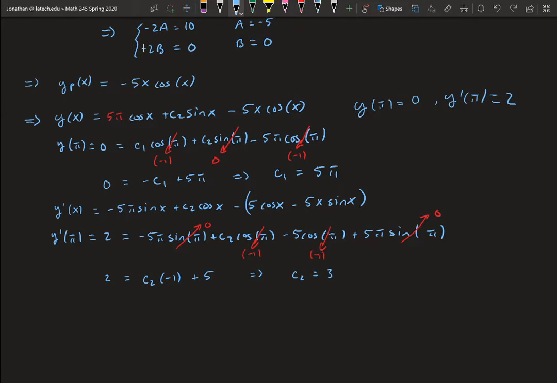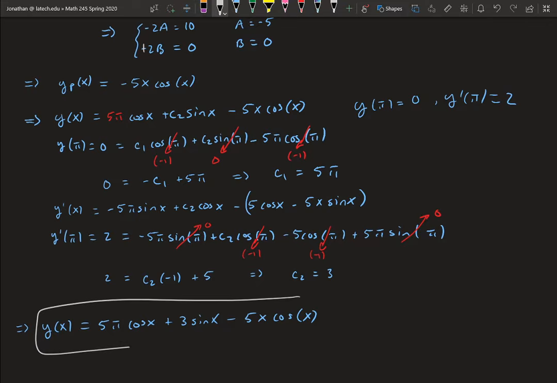So our solution y of x is equal to 5 pi cosine x plus 3 sine x minus 5x cosine x. And that is our unique solution to this non-homogeneous equation.